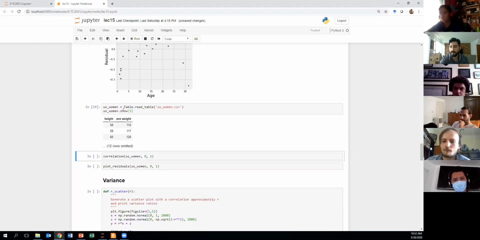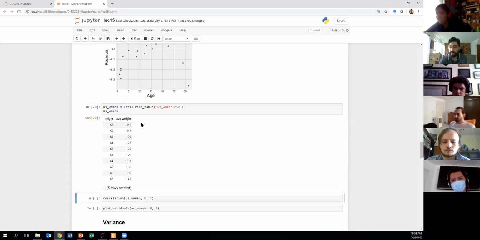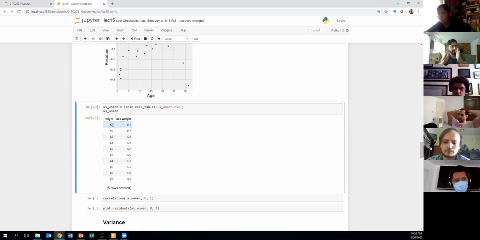So this is the US woman table. It shows the average height of women in the United States. What they did here is, for example, take a lot of women with a height of 58 inches, and the average weight of them is 115, and so on all the way along.